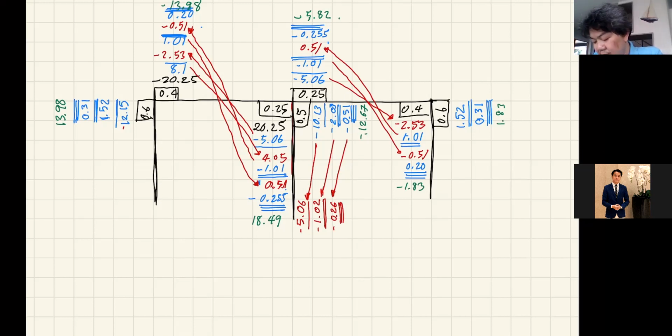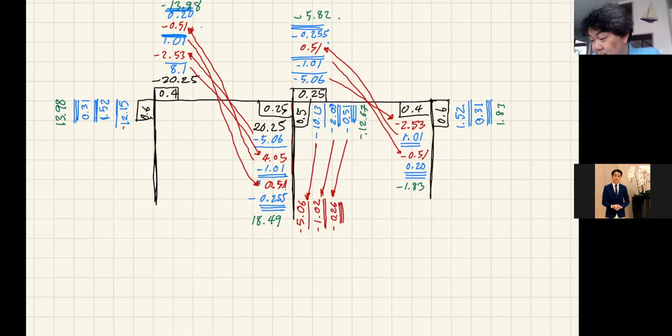Okay, after you do this, you should know that this is a sideway problem. And this is the moment due to, let's say, fixed end moment alone. This does not include the moment due to sideway.